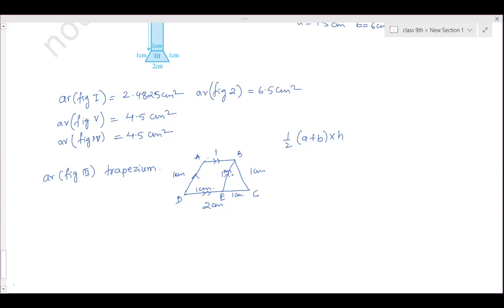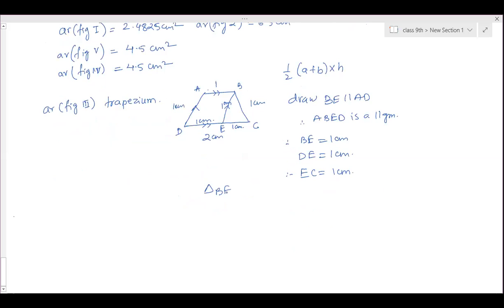So EBC is a triangle. Which triangle? Equilateral triangle. BE is parallel to AD, so ABED is a parallelogram. Therefore BE is equal to 1 centimeter, DE is equal to 1 centimeter, so EC is equal to 1 centimeter.